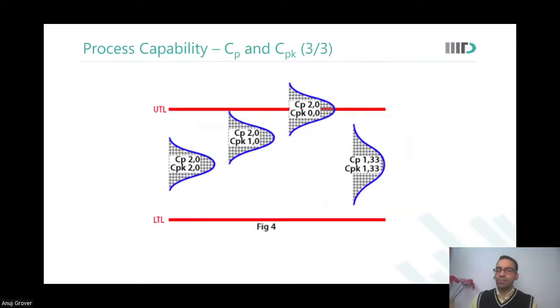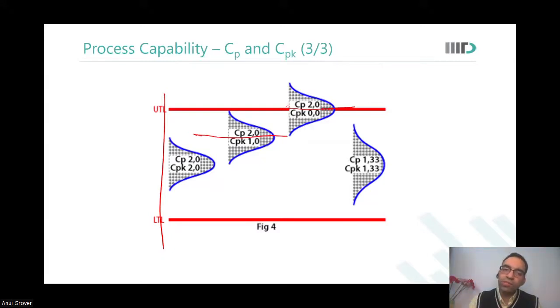Okay? So this is what it means. CPK equal to 2 and CP equal to 2: very well centered process, in the center of it, good yields. CP equal to 2, so the process control is very good. Random variations are few, but systematic variations are higher. CPK equal to 0 means you've gone for a toss.